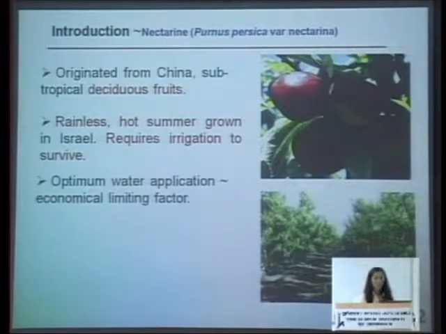We have a general recommendation for the nectarine tree. It means how much water is required generally, but it is not sufficient for Israeli conditions, and it is the main economical limiting factor for the yield and economic production of the fruit.